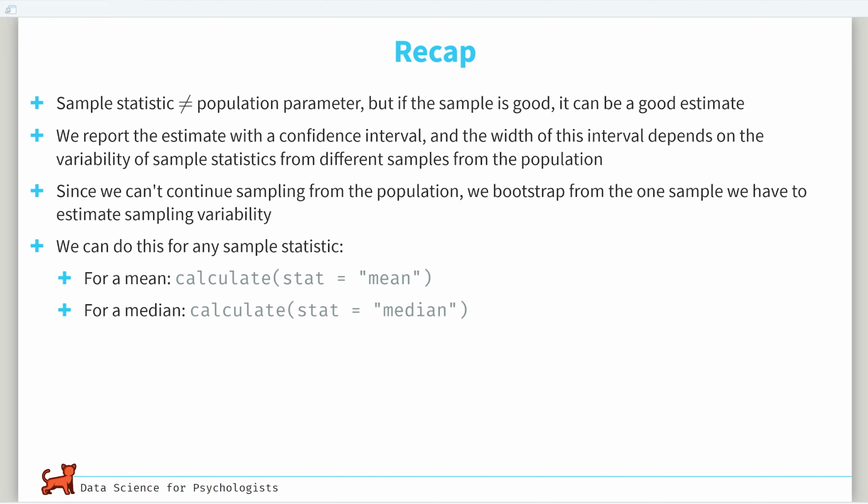Now, since we can't continuously sample from the population because it's expensive and unwieldy, and all those other reasons that we don't repeatedly sample to fulfill the, not the law of large numbers, but the central limit theorem. Instead, we bootstrap from the one sample that we have to estimate some of our sampling variability, as well as get a sense of what the distribution of our parameter looks like. And we can do this for any sample statistic, including a mean, a median, a mode, you name it. It's possible.